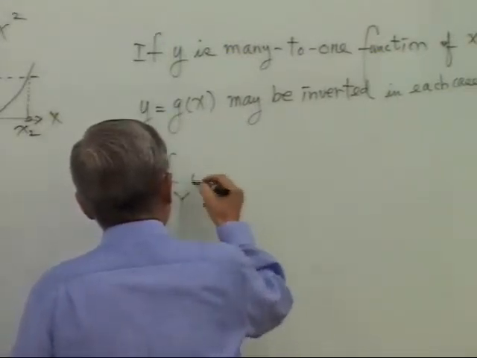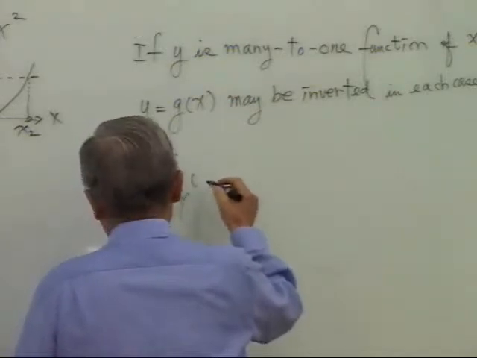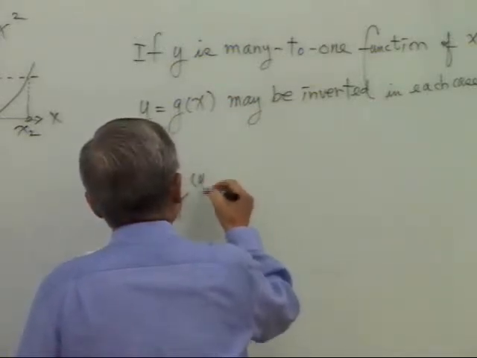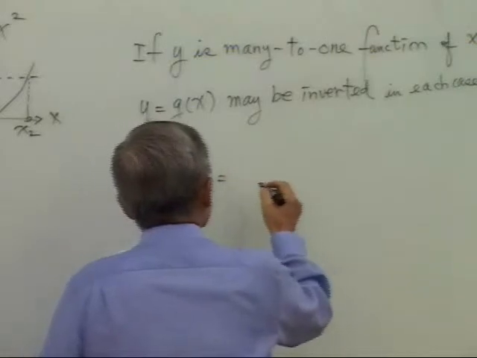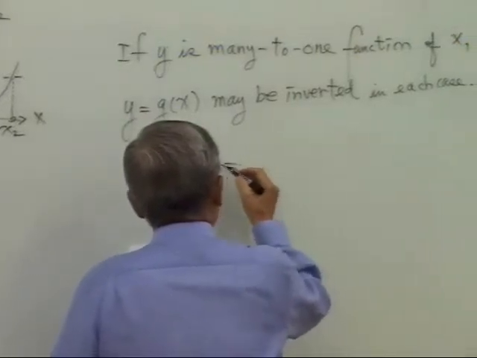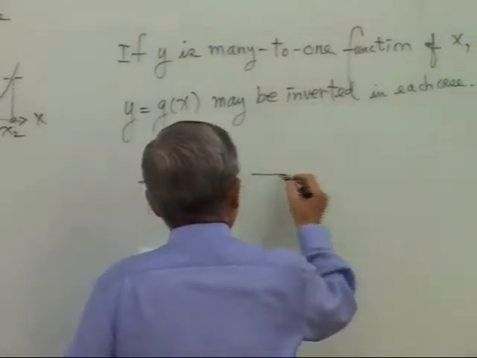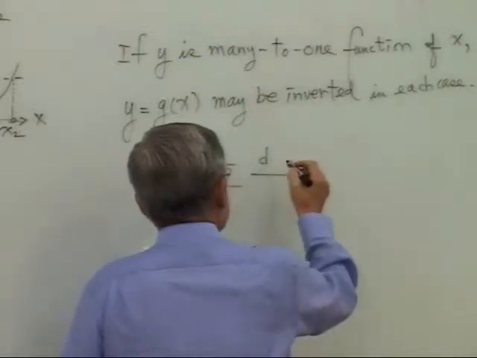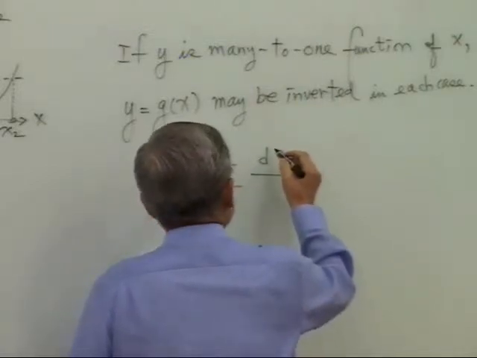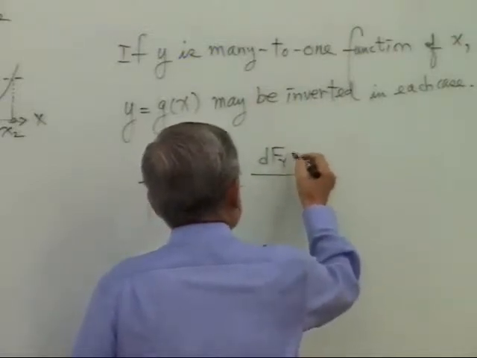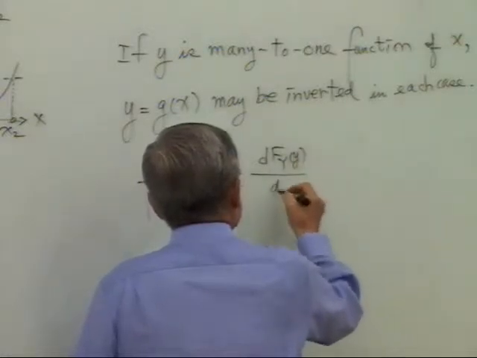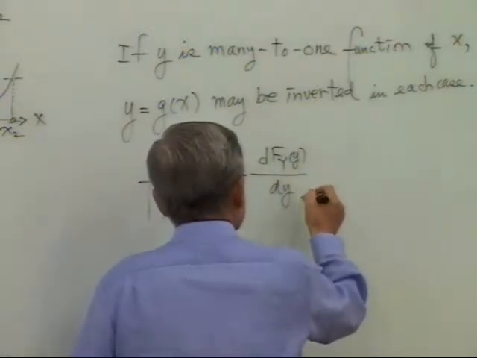F_Y(y) is equal to, if I express using the probability distribution function, I can generally say something like this.